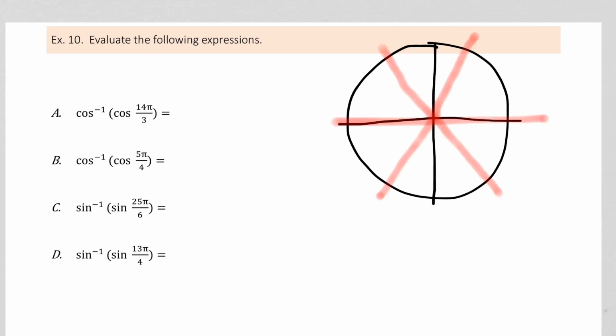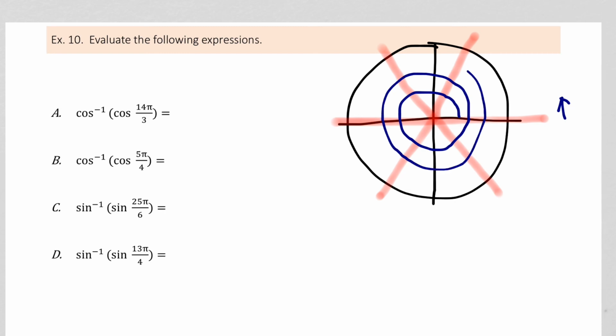So I've divided the unit circle into sectors of pi over 3. So let's go ahead and count in the positive direction 14 pi over 3. So this is 1, 2, 3, 4, 5, 6, 7, 8, 9, 10, 11, 12, 13, 14. So right here I'm at 14 pi over 3.